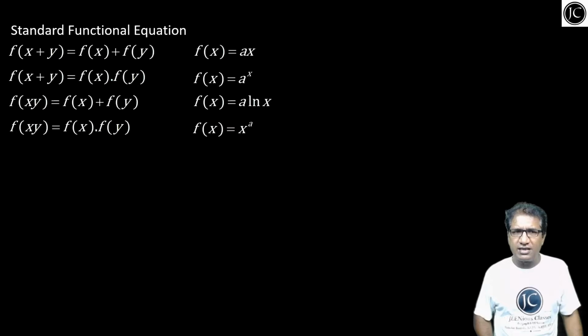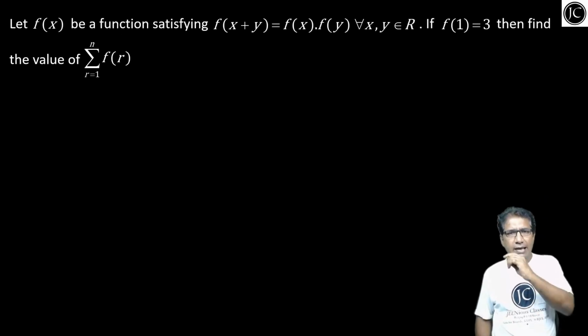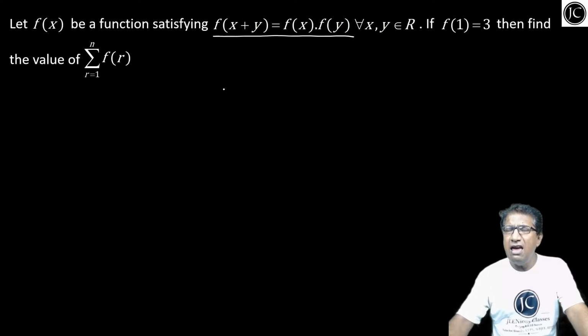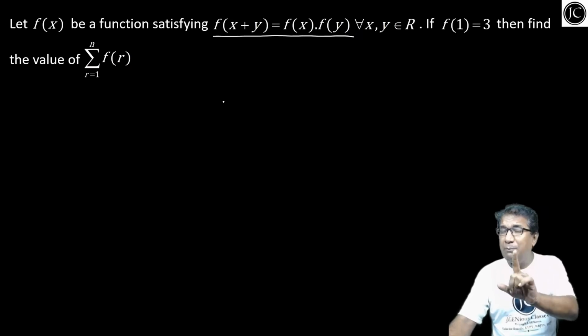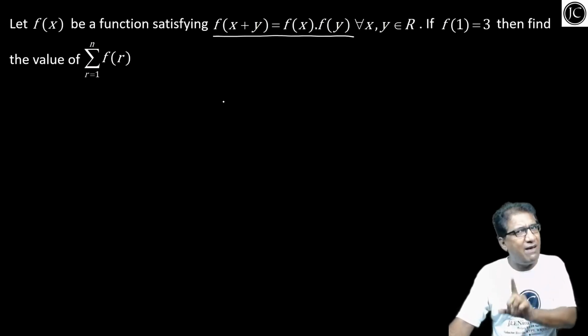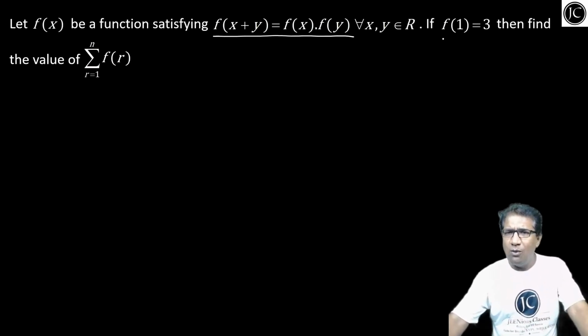Now let us come to some problems. Look children, this question says: let f(x) be a function satisfying f(x+y) equals f(x) into f(y) for all x, y belonging to real values. That means in place of x and y you can put any real value. And it is given that f(1) equals 3.